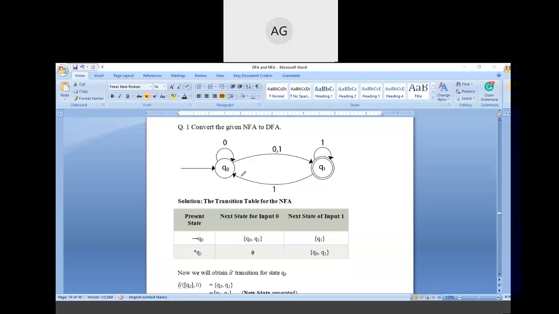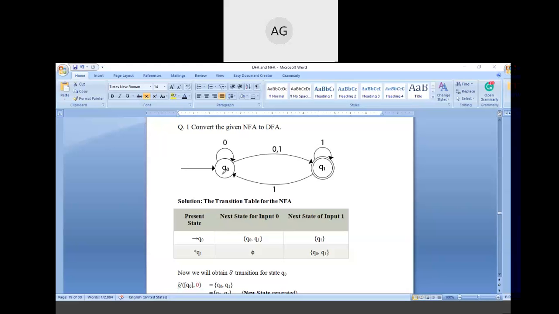How can you understand whether it is an NFA or a DFA? Let's check it first. Although you need not check it if it is written in the examination, as we are studying for the first time, we can check whether it is an NFA or DFA.